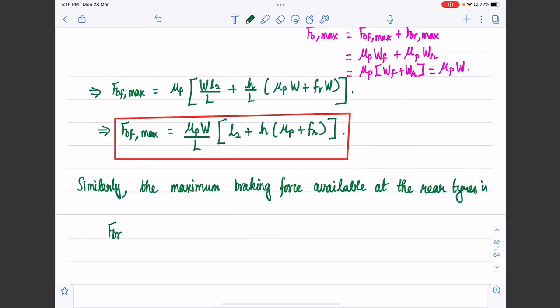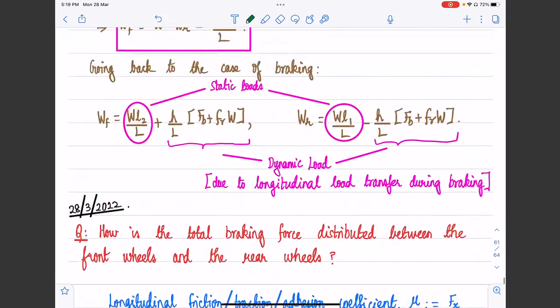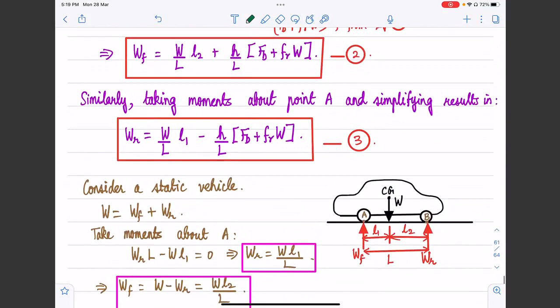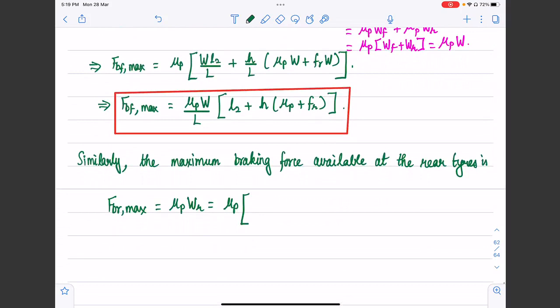That's going to be equal to FBR max, which is equal to mu P times WR. And we have already derived the equation for WR. What was the equation for WR? If we go up and look at equation number 3, WL1 by L minus H by L FB plus FRW. So we are going to use that one. WL1 by L minus H by L. Write this subscript one very clearly.